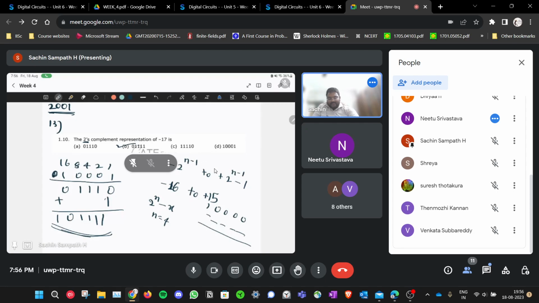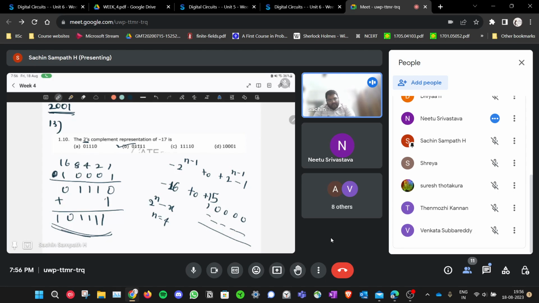See, then this statement was given in class, right? 2's complement is used to represent only negative numbers. Then what is this range that was given? Minus 2 power n minus 1 to plus 2 power n minus 1 minus 1.